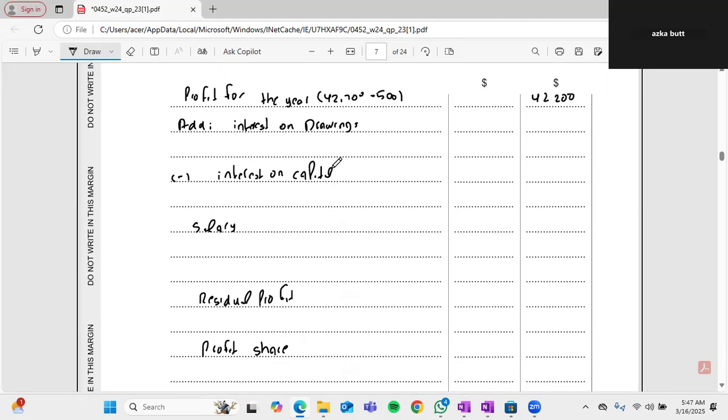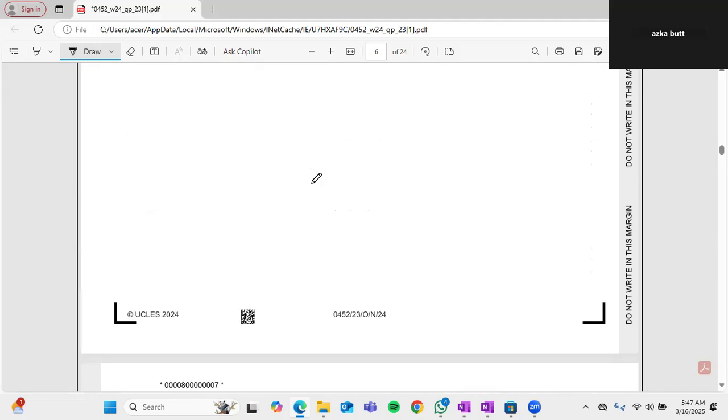So this is equal to 1,350, and now we have to add this to the profit. It gives you the answer, which is 43,550.